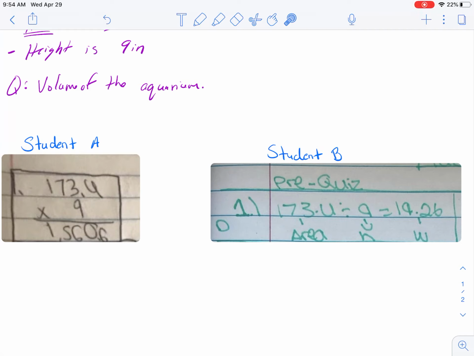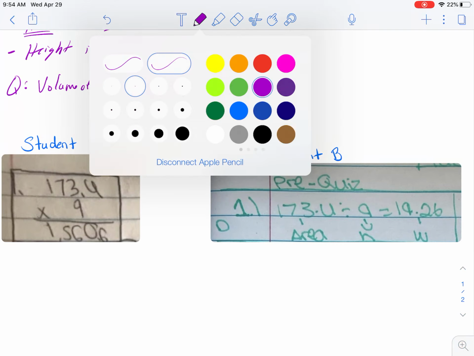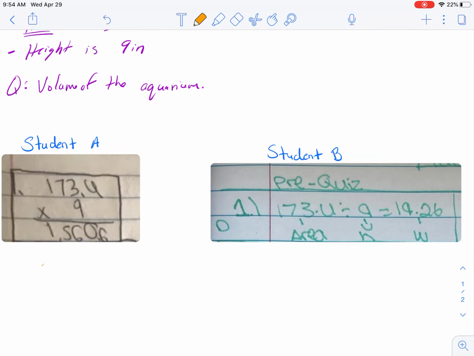All right, so hopefully, let's just jot down what we notice is the same. Tia, what do you see as the same in both examples A and B?